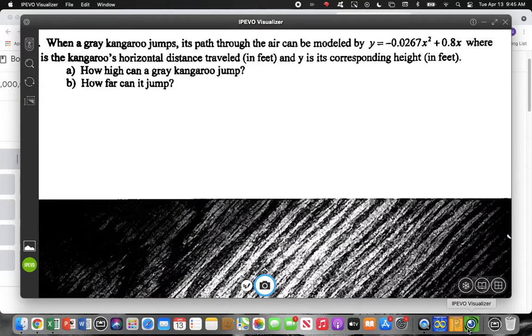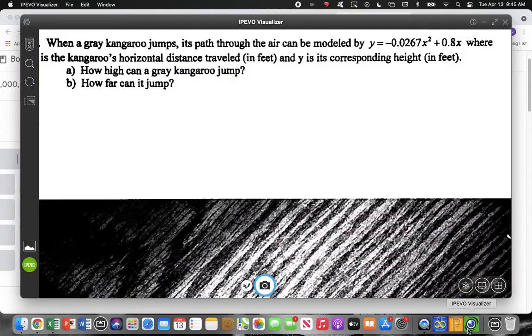All right, so this question is talking about a kangaroo. Everybody show me with your hand or your finger, how do kangaroos jump? Gracie, do that again. They jump like this, right? It's just little parabolas. They're not jumping tons of feet in the air, but they're quick little parabolas.